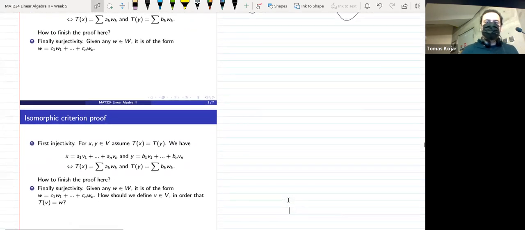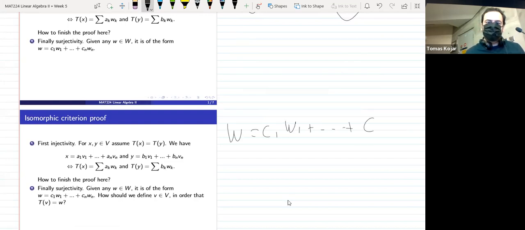Good. So we know w is equal to c1 w1 plus ... plus cn wn. What do you think should be the expression for x, so that it will get mapped to w? Can somebody tell me what the coefficients will be for x, here or in the chat?